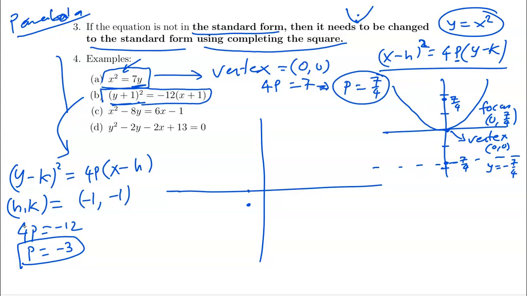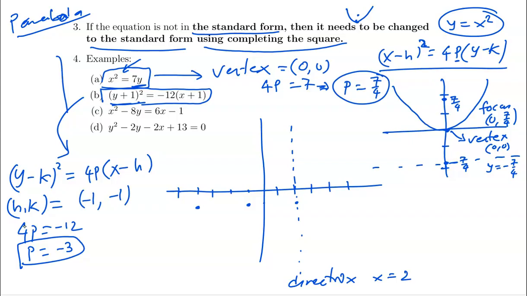So 1, 2, 3, that is my focus. I'm going 1, 2, 3 the other way, that's my directrix. So this directrix is going to be x equal to 2.